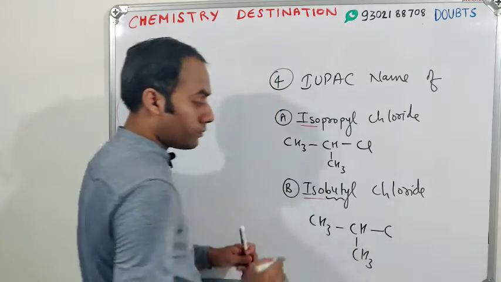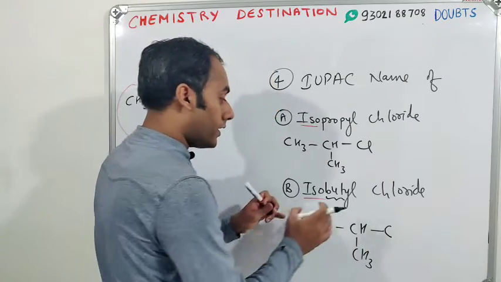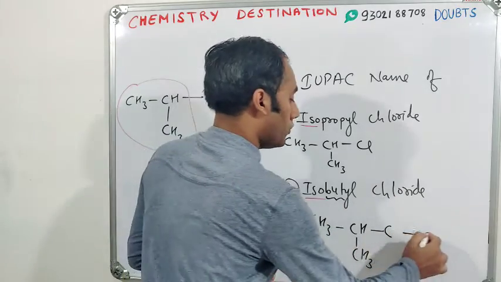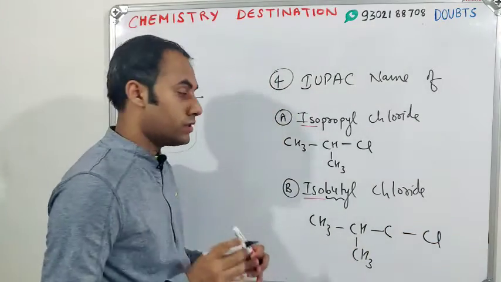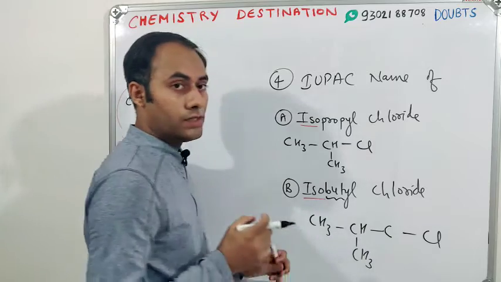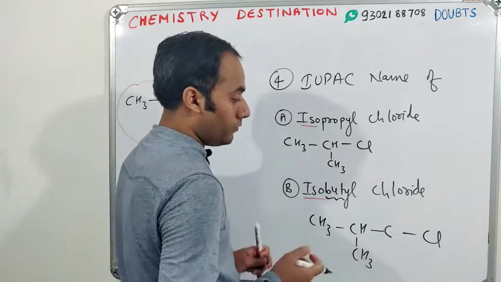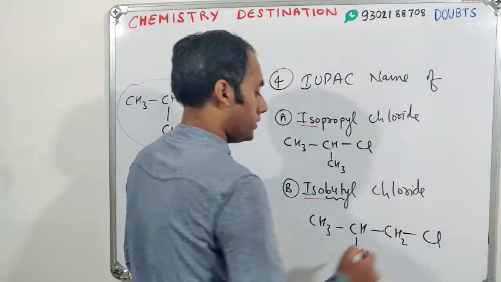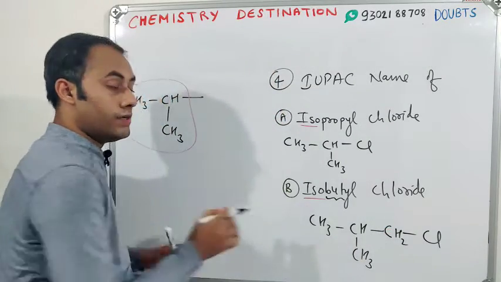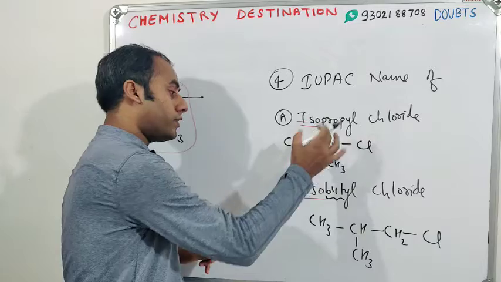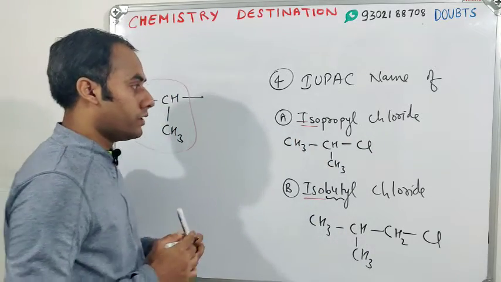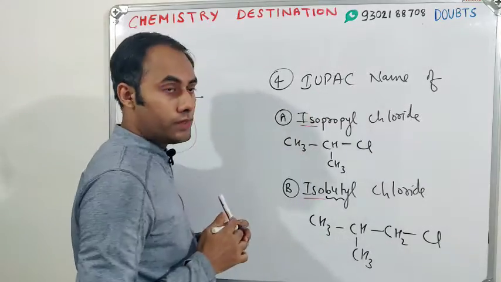Now it is correct to write butyl, and then we have chloride. Since this carbon's valency is not complete, we complete it with CH2. So these are the structures of isopropyl chloride and isobutyl chloride. Now we have to write the IUPAC names.